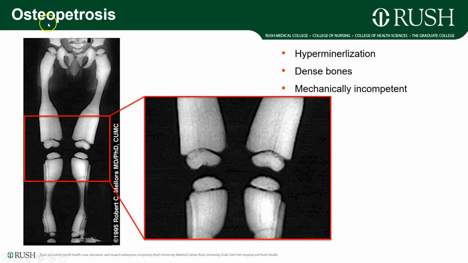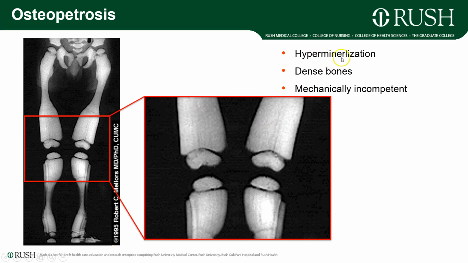On the other side, there's a disease called osteopetrosis, where there is more mineralization than you would expect in a normal bone, which leads to bones being very dense. You can see that in this image, which is a radiograph, and the density of bone is much higher, attenuating the X-ray signal.